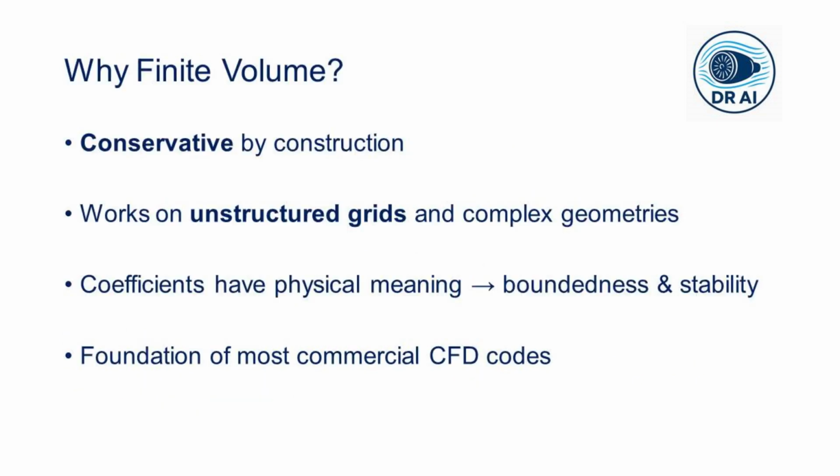It is because it is conservative by construction. Fluxes are balanced exactly. Secondly, it works on unstructured grids and complex geometries as well. Thirdly, the coefficients have a clear physical meaning, which helps in developing bounded and stable schemes. The derivation we did is the simplest form, but the same principles extend to unsteady problems, convection, and multi-dimensions.